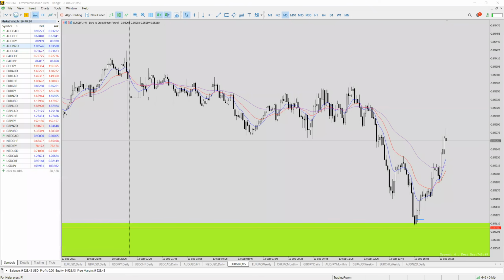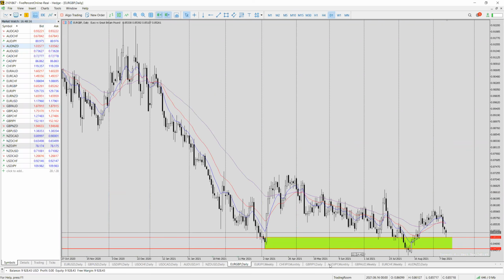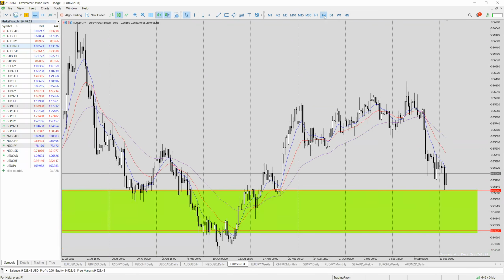But again, the idea here is to see the zone. In this case, this is the zone far away, or if I look at the candle, let's disregard this zone. I look at this big candle here, which signifies buyers.